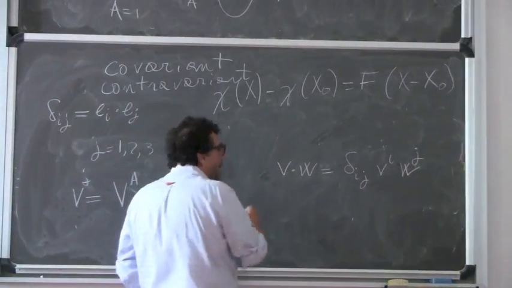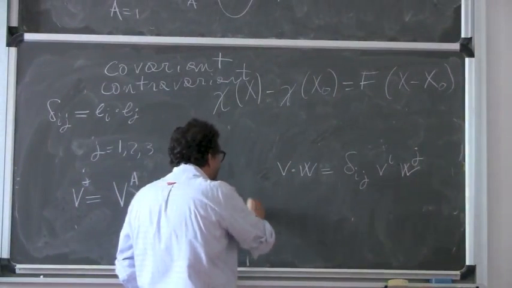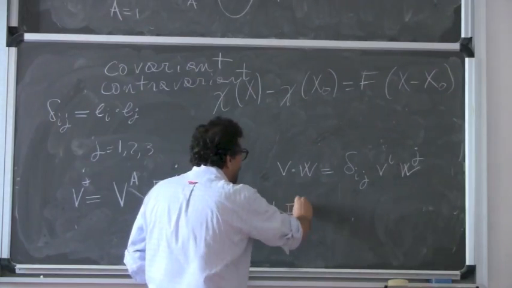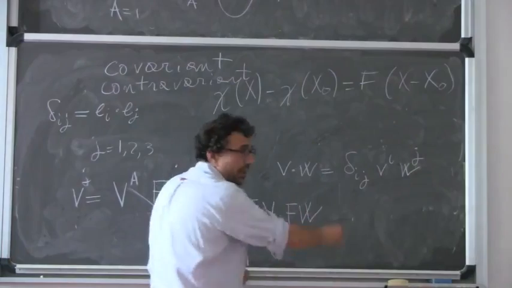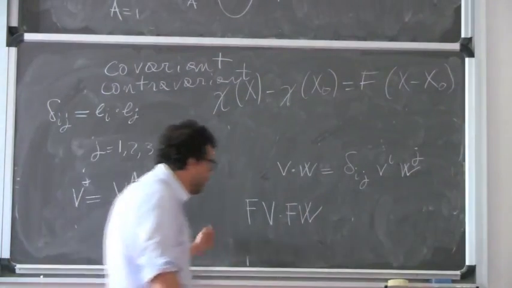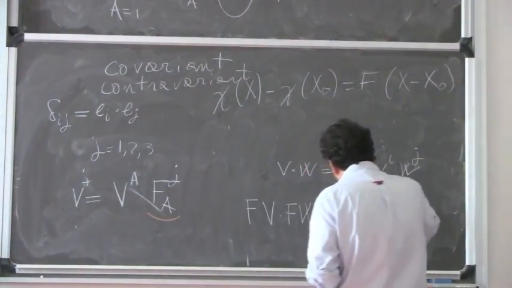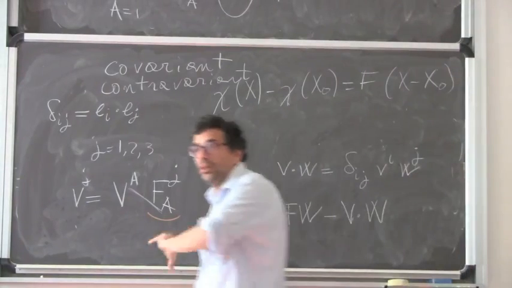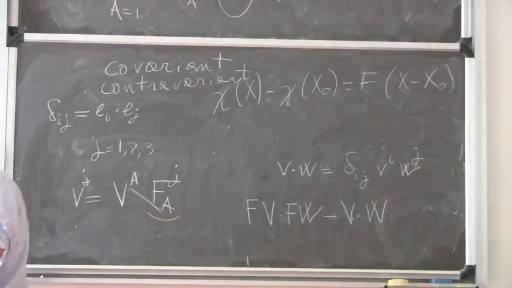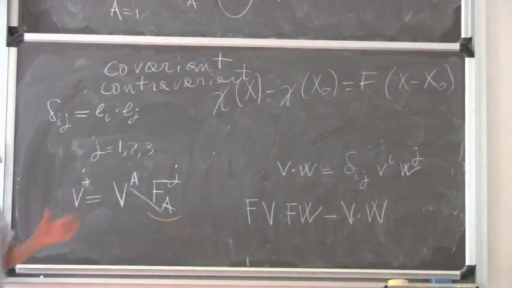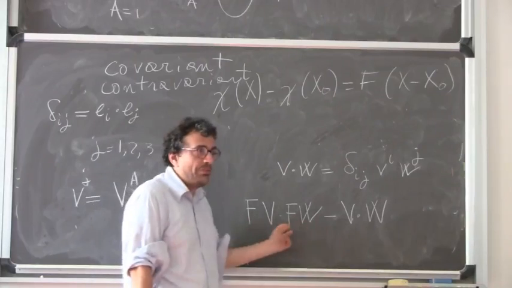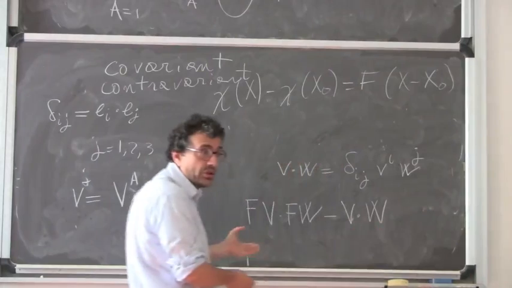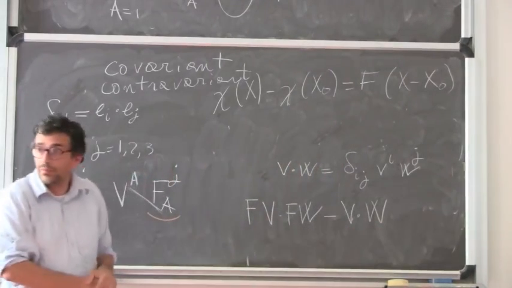Now we have introduced F v dot F w. You remember yesterday? This one minus v dot w was measuring, if you ask v and w to vary in the space of material vectors, the deformation measure. Okay?